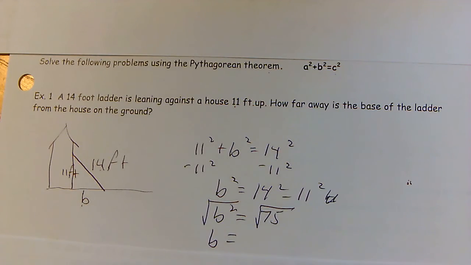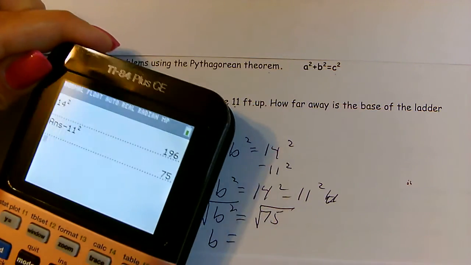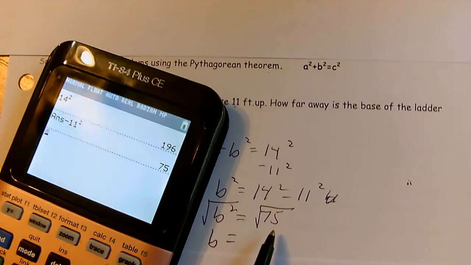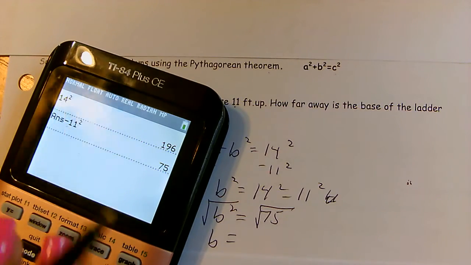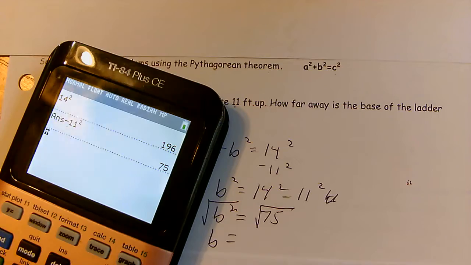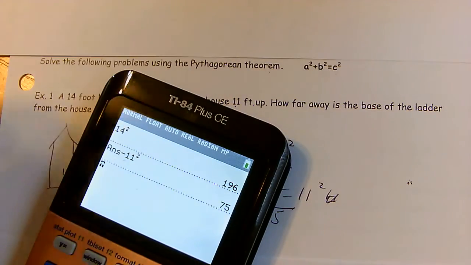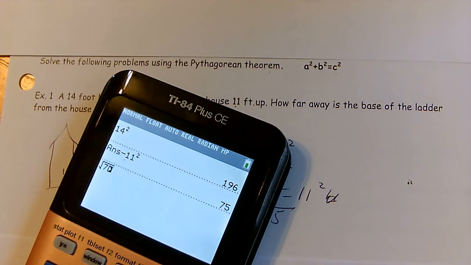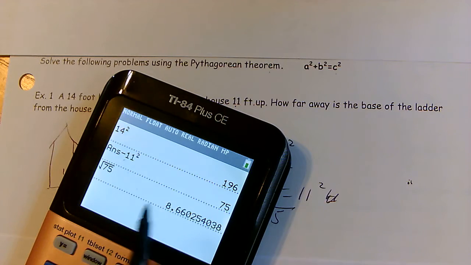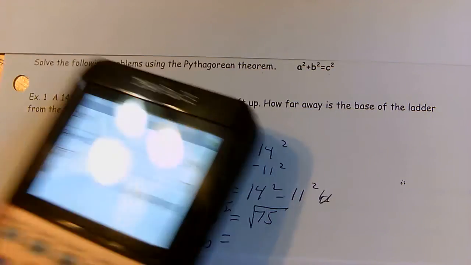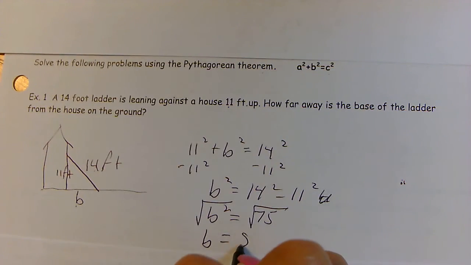So since this is a word problem, we're not going to leave it in simplest radical form. We want an estimate of what that length actually is. It's about 8 feet, 0.66. How about we do 8.7 feet. You'll be told where to round if you need to round. We rounded to 1 decimal place.